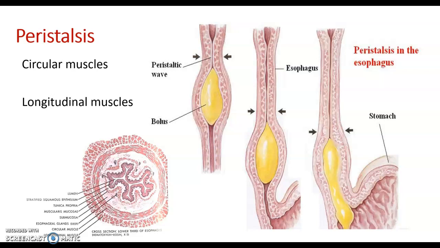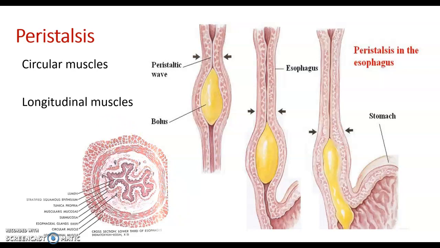So in most sections of the GI tract, we have 2 layers of smooth muscle. So that muscularis layer is actually 2 layers of smooth muscle. We have our circular muscles that surround the tube circularly, and then we have our longitudinal muscles that run in the perpendicular direction.